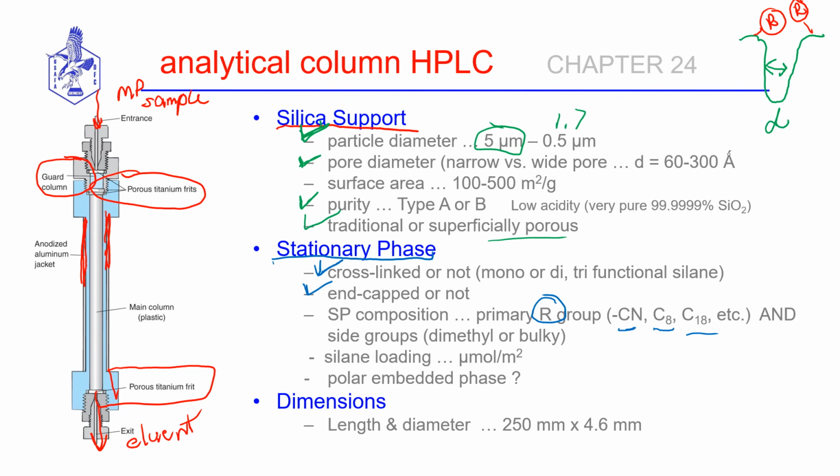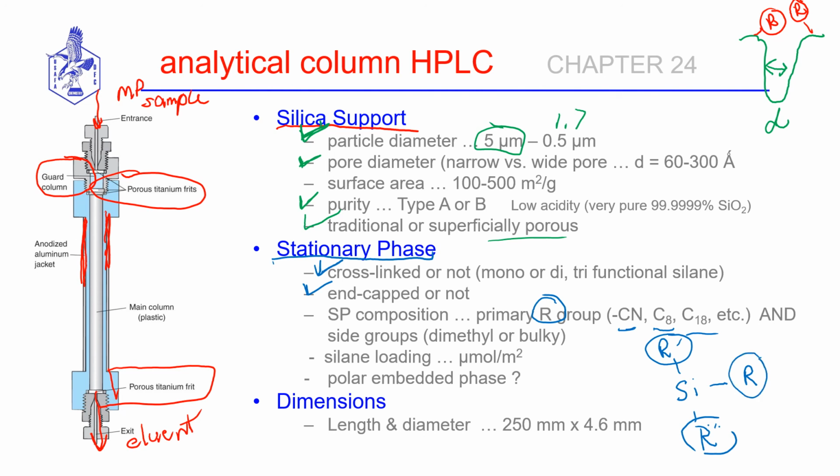We also have a choice when we bond to the surface. You've got your R group out here, but you also have a choice of the side groups that are bonded to the silica attached to the surface of the particle. So you have your choice of these groups, the side groups, in addition to the main R group.